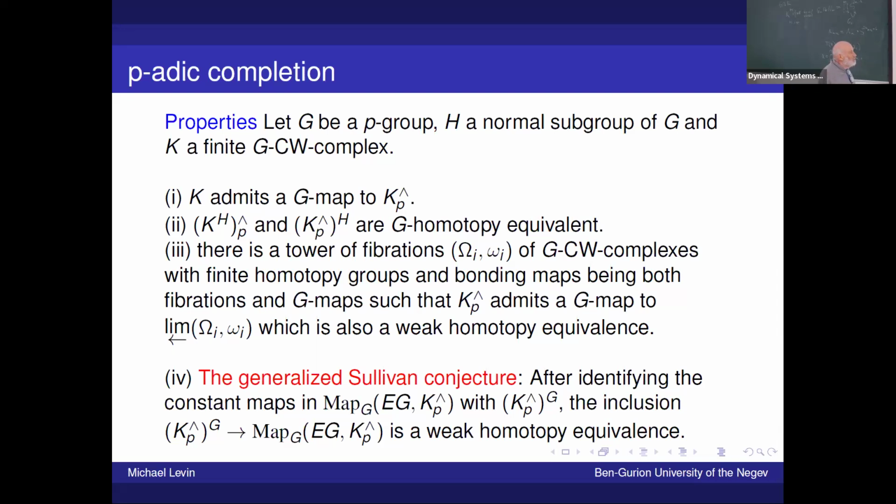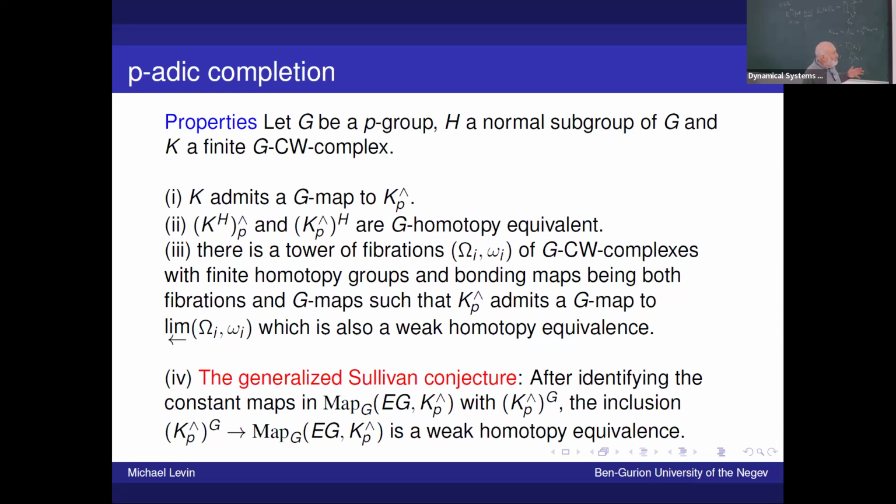It's derived once again from what is presented in the book of Bousfield and Kan. So the whole theory of p-adic completion is not completely trivial, or rather it is completely non-trivial.